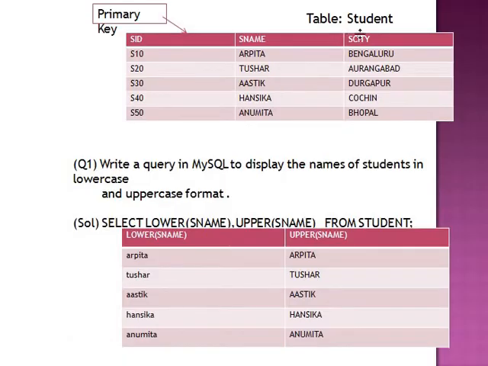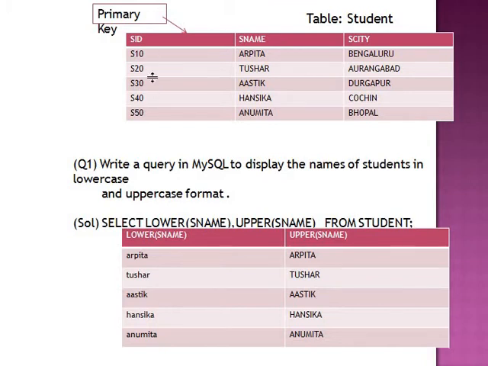Now consider this table identified by the name student. This table has 3 columns, namely SID, SNAME, and SCT, and these are the entries corresponding to these columns. Here the first column SID is the primary key, because if you look at each of these entries for the column SID, they are distinct. There is no repetition.